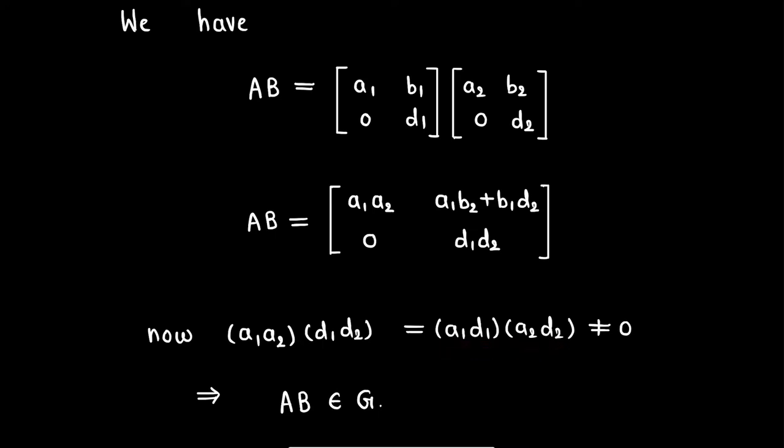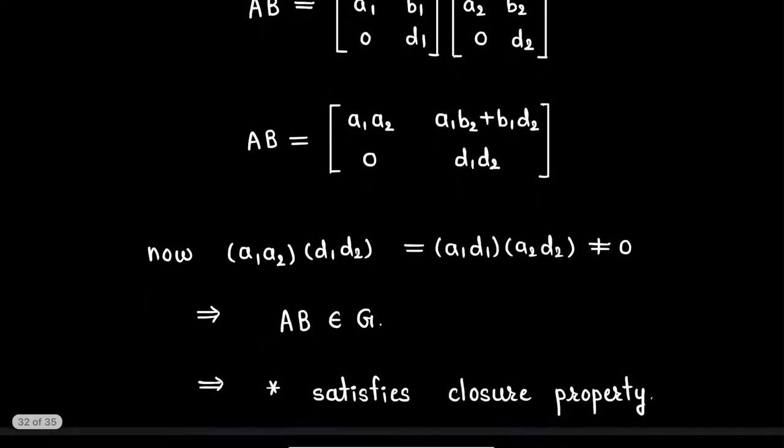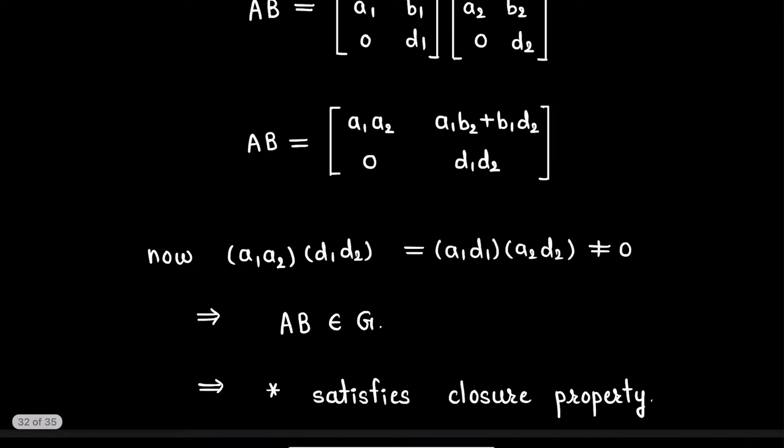Since both a1 d1 and a2 d2 are not equal to 0, the product a1 a2 multiplied by d1 d2 is again not equal to 0. Thus, AB is again a matrix in set G, and this implies star satisfies the closure property.